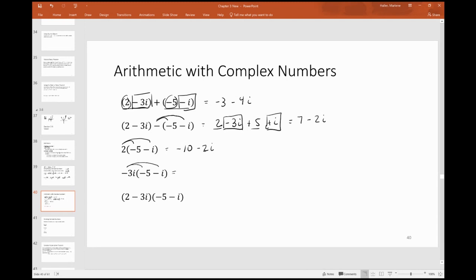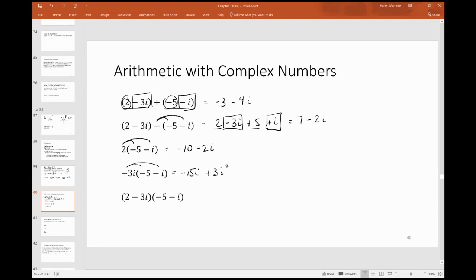They're not actually terms, but I think you can think about them and deal with operations on them as if they were. All right, so -3i times -5 is going to be -15i, right? And the -3i times -i is going to be +3. But then look, we're multiplying i with i, so that's going to be +3i squared.